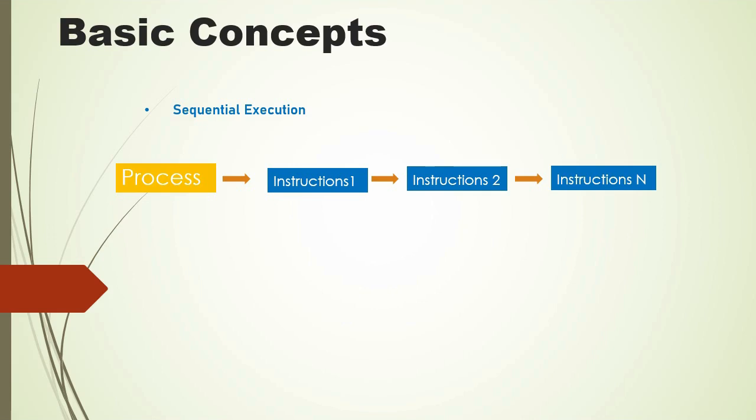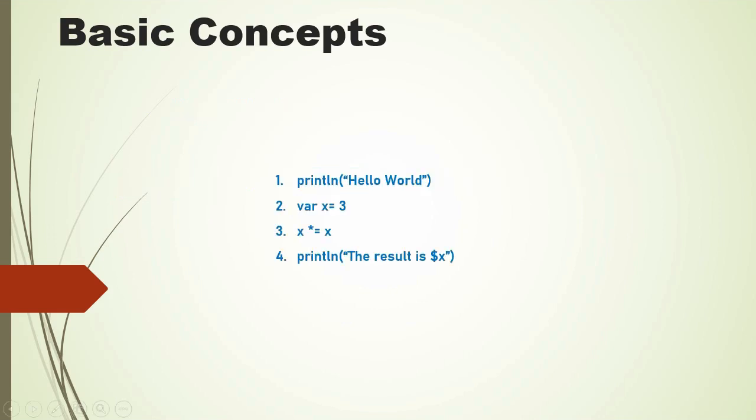If there are 4 lines like this, first it would execute the first line, and when it finishes, it would execute the second line, and then the third one, and then the fourth one at the last. It cannot jump from this line directly to the fourth one. It would go through one by one.